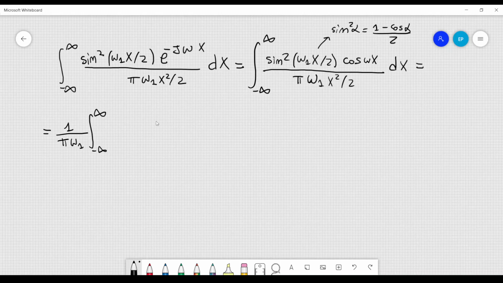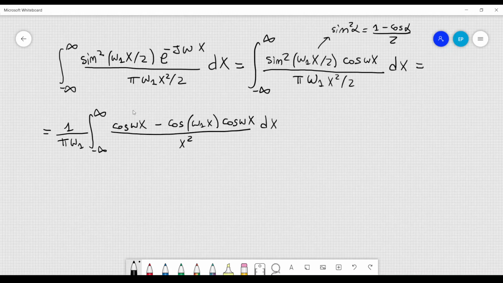So I will use this formula here. Therefore, I can rewrite this as cosine omega x minus cosine omega 1 x times cosine omega x, all divided by x squared dx.